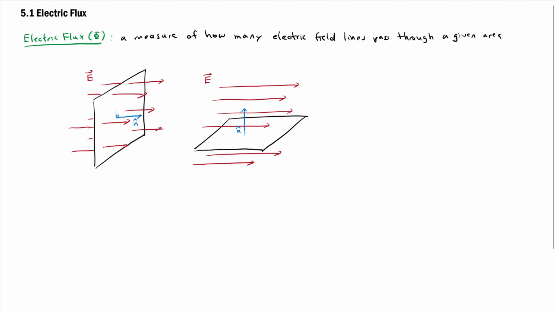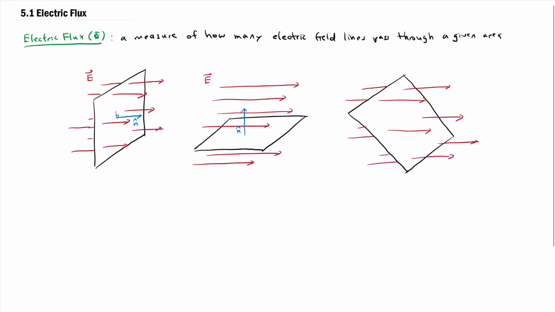So in the general case, there's going to be a sheet of paper or a surface on a slant. So we're going to use the exact same electric field going towards the right. So electric field in red. But now our surface normal vector goes this way.